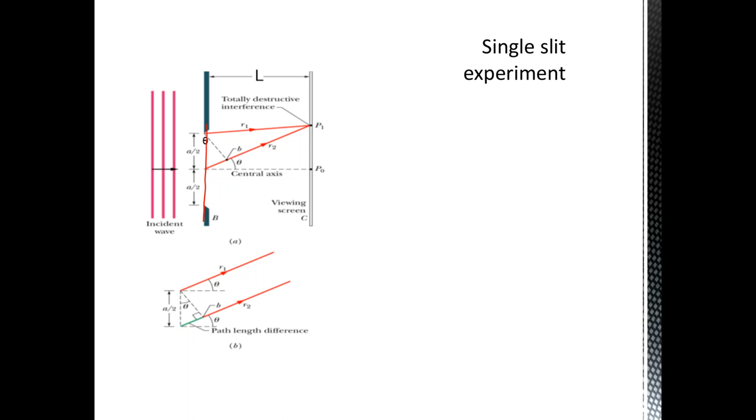But we do have the math available to teach the dark spots. So what I'm going to assume here is I have a diffraction pattern that kind of looks like this. And we're going to consider the lines that all come together to form destructive interference. Another thing that I need to consider is the distance between this ray and this ray.